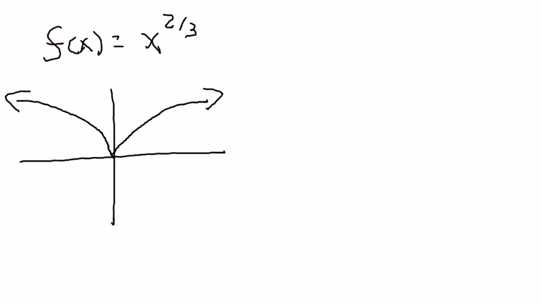If we were to take the derivative of that, f prime of x, what I would get is 2 over 3x to the 1/3 power. Notice that at 0, that derivative would not be defined. So therefore, it has a vertical tangent line at x equals 0.